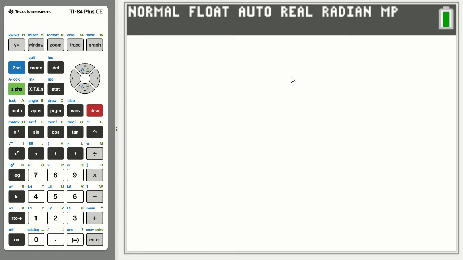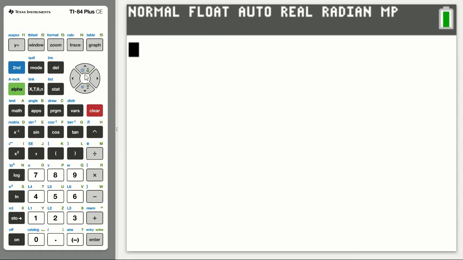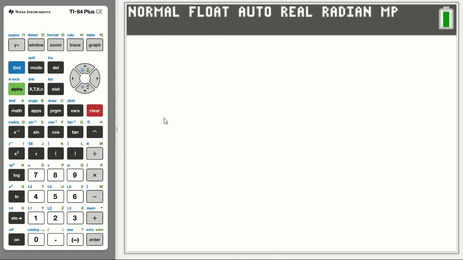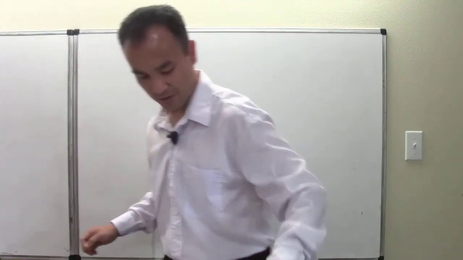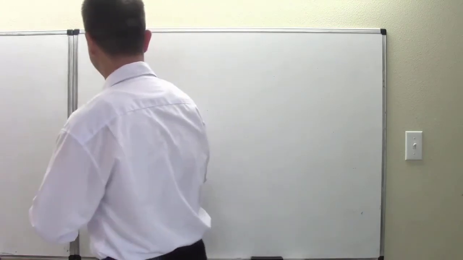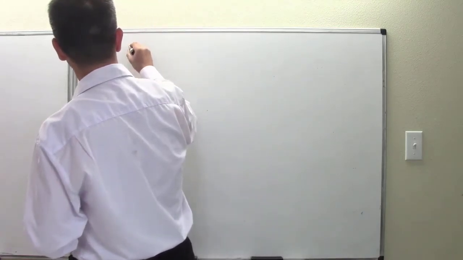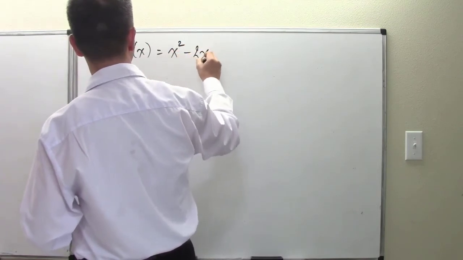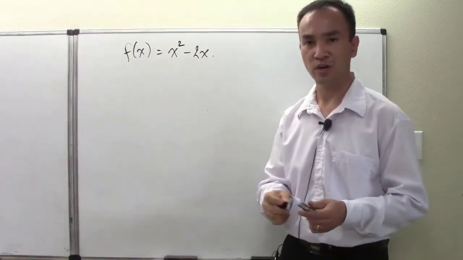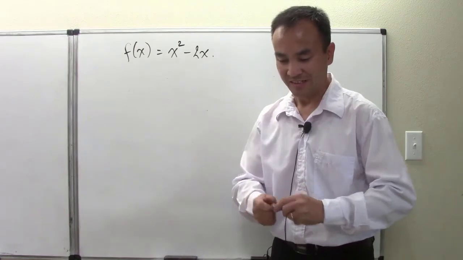All right, so now this is your main home screen right here. To graph your function, let's look at that function in example 2 that we did. Example 2 was f of x equals x squared minus 2x.